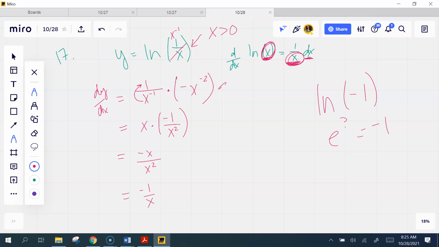So what I did here, x to the negative 1 can move up and become positive, or this becomes positive and moves down to the bottom, and it's still negative. Anytime you move it, no matter if you move to the top or the bottom, it changes signs. Yeah, the exponent, not the value of the number, the exponent.